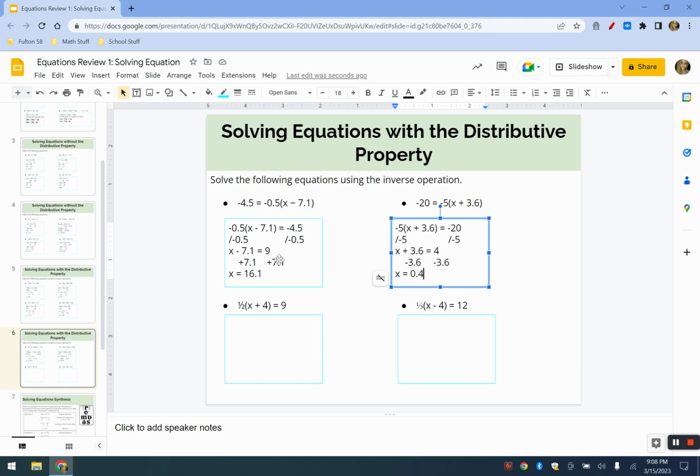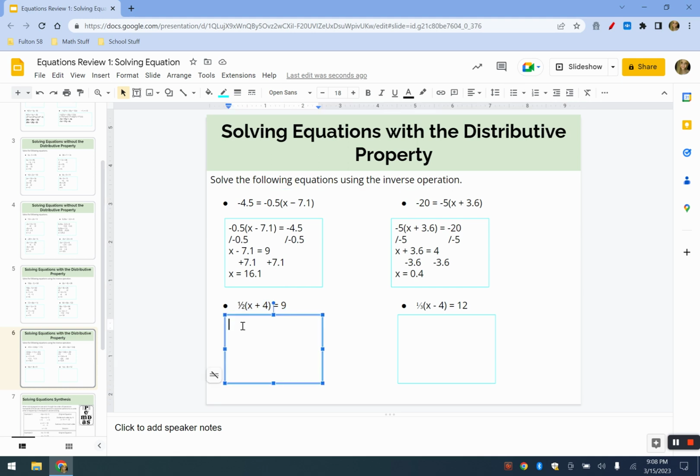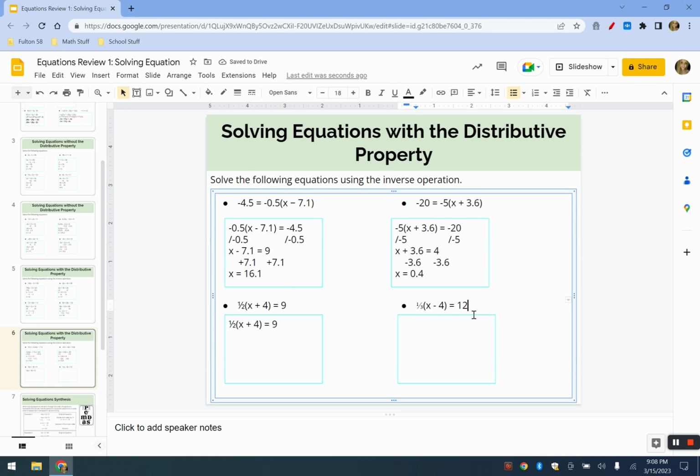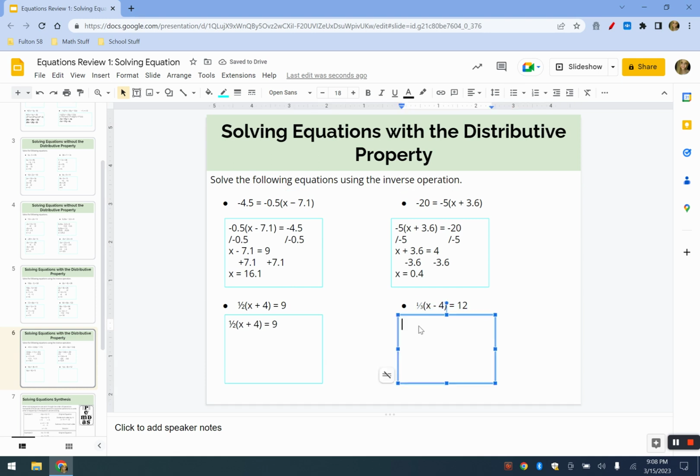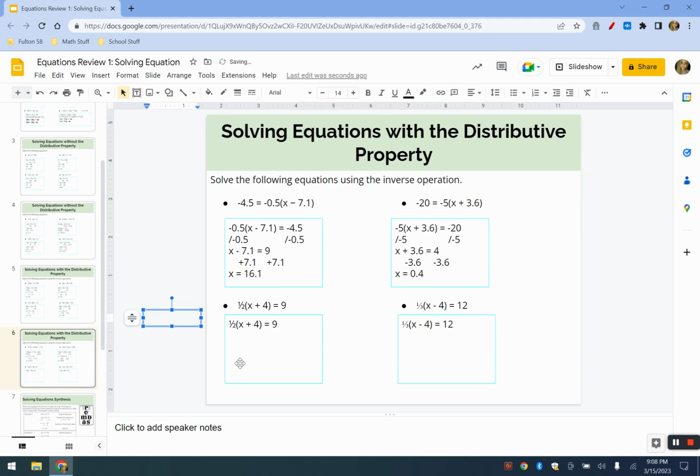When we talk about these last two, we know that we're going to divide by the number in front. And for both of these last two, the number in front is a fraction. So we need to be reminded of how to divide fractions. First of all, dividing by a fraction is the same as multiplying by its reciprocal.